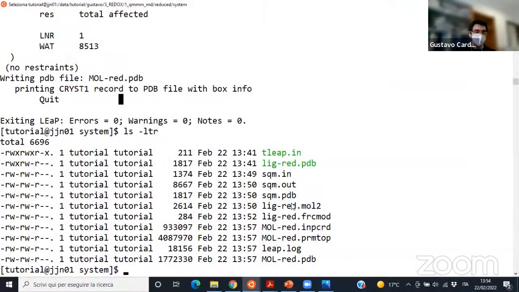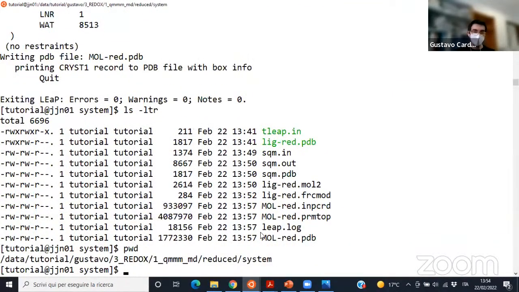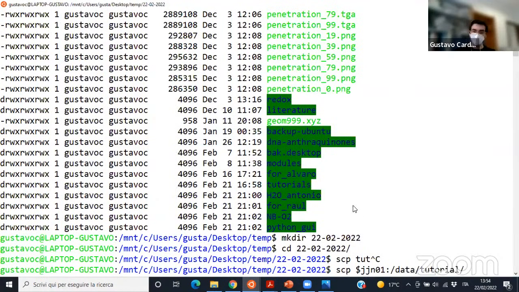Sorry for that. I just need to remember where this guy is. Okay, so here it is, system, and this small red .pdb.